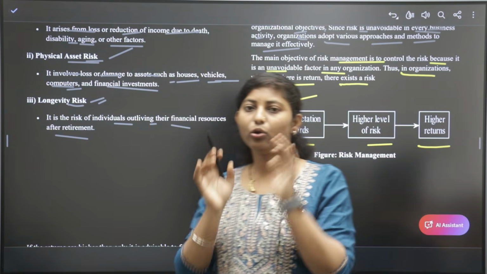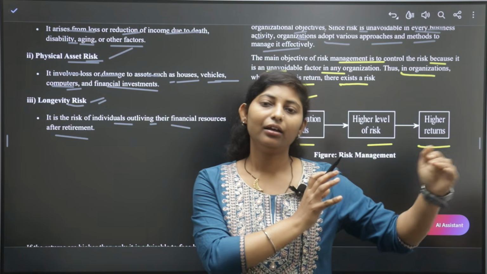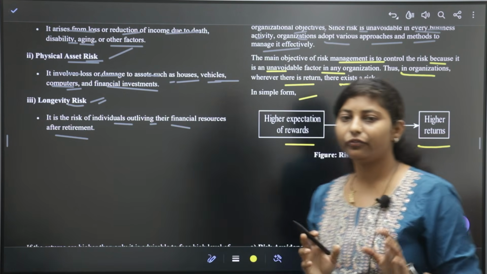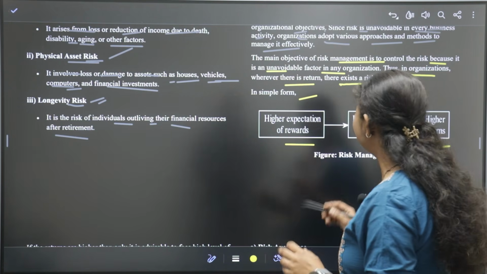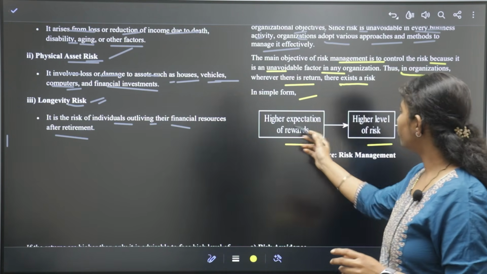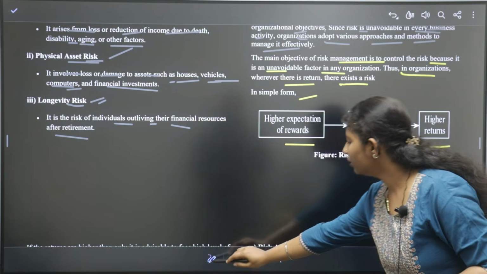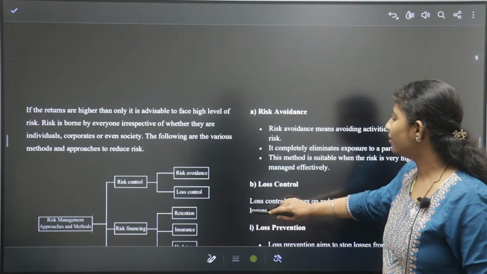If you accept lower returns or rewards, there will be low risk and low return. This is the simple form in which organizations work, and this is how risk management works. Every business expects high returns, so obviously the risk is also very high. We can't avoid it, but we can manage it.